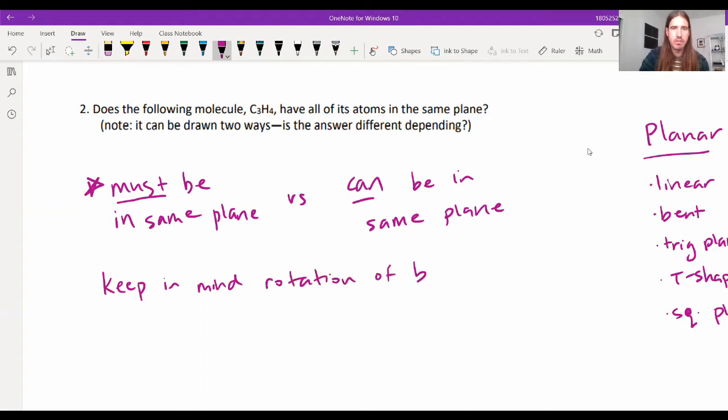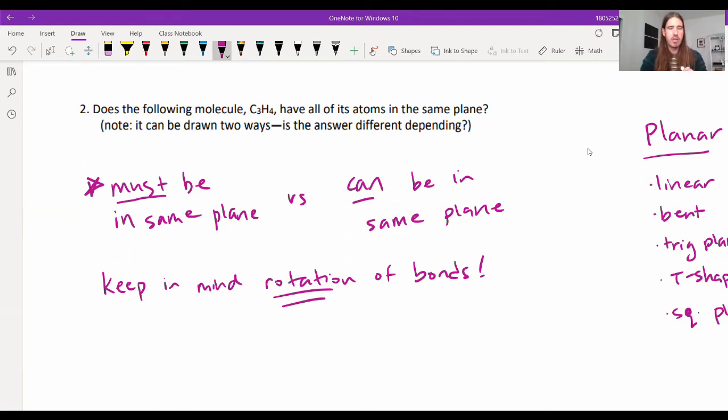So by that I mean that if you have a single bond, which is just a sigma bond, remember, that can rotate, and it is rotating all the time. So sometimes by nature of rotating and spinning, you can line the atoms up to be in the same plane, and then they aren't in the same plane.